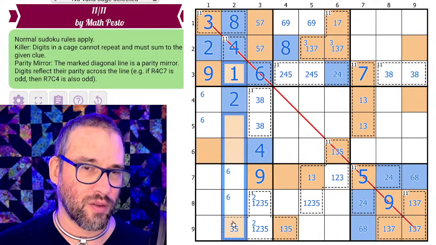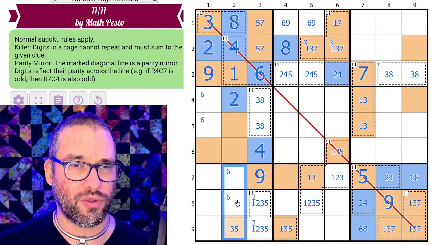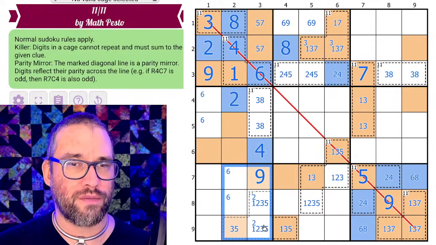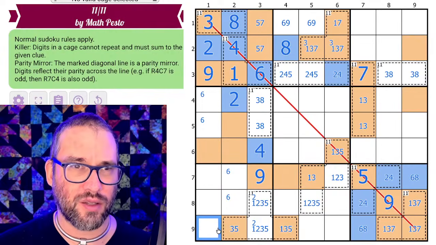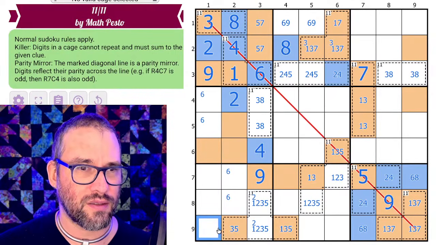Let's see. In this box, we've got 1, 2, 3, 4 odds. Todd says this is even. I don't understand.